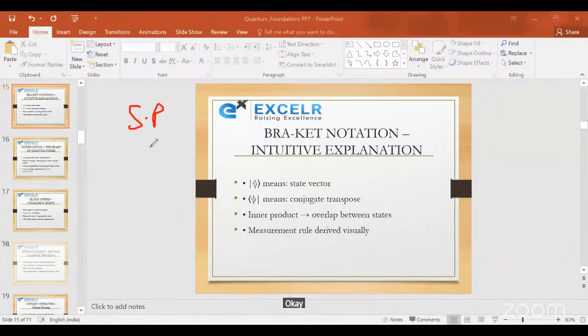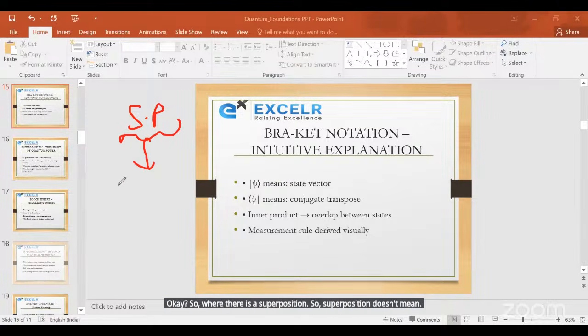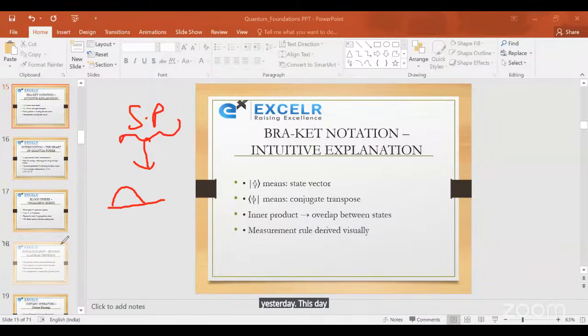So when there is a superposition, superposition doesn't mean only one thing. Suppose I was talking about this wave yesterday, and we will see another color. I was talking about another wave, and this is one condition.